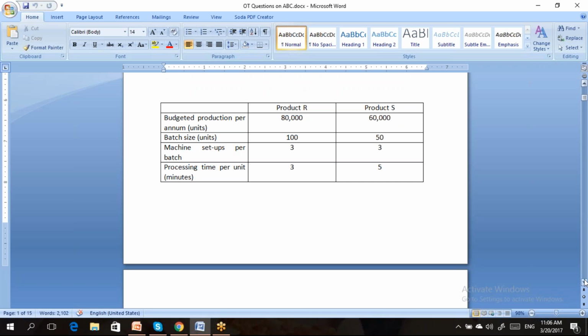What about the 300,000? 5 into 60,000, right? 5 into 60,000 also there is. So the total processing time involved in the whole thing to produce R is 3 into 80,000.